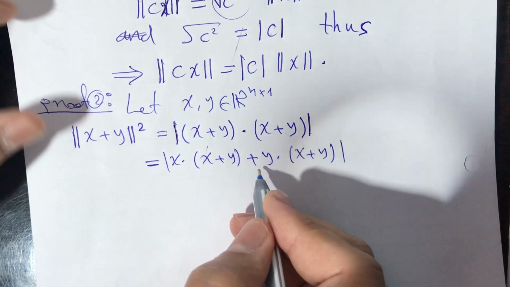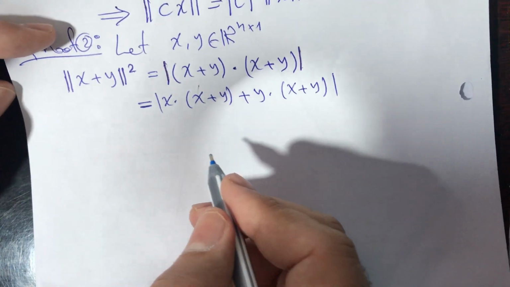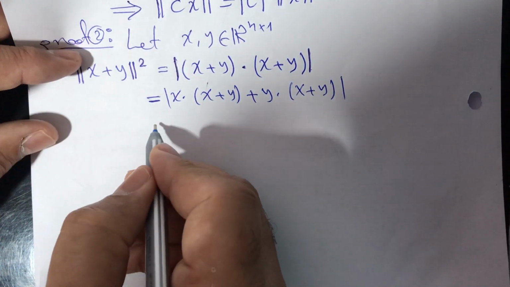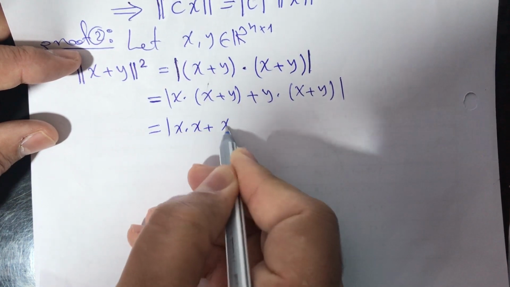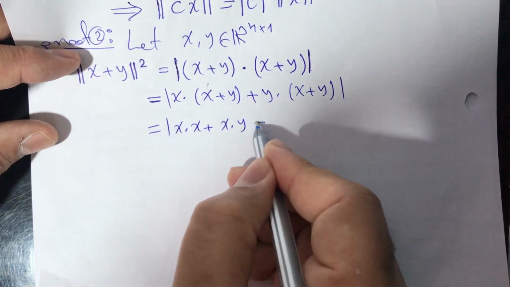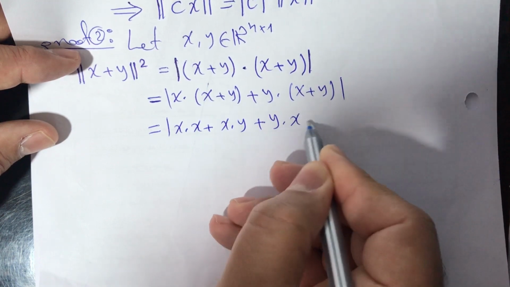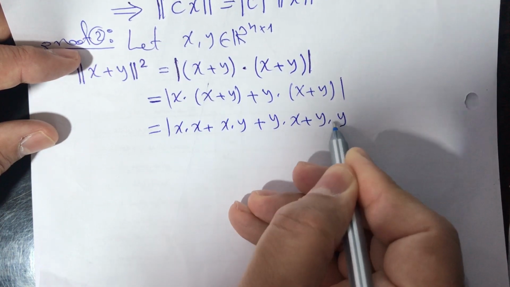By the properties of the dot product, this is equal to x dot x plus x dot y plus y dot x plus y dot y.